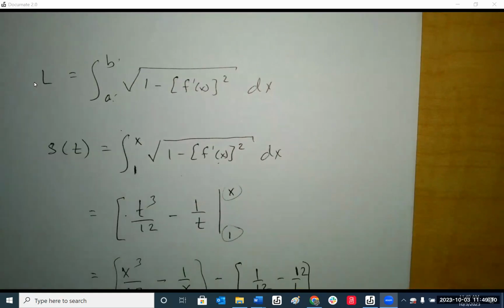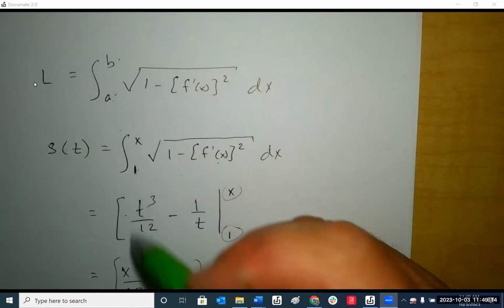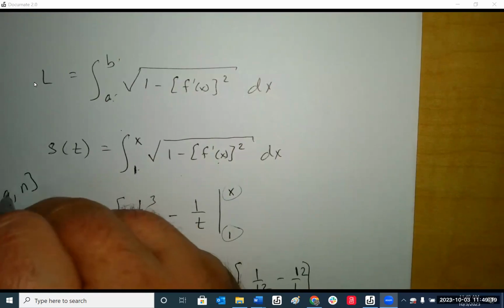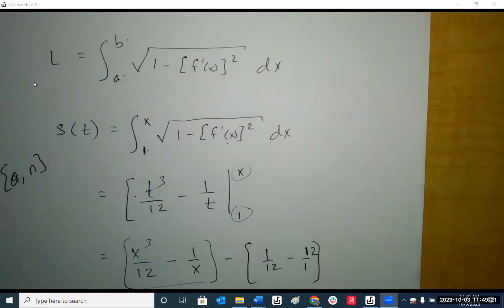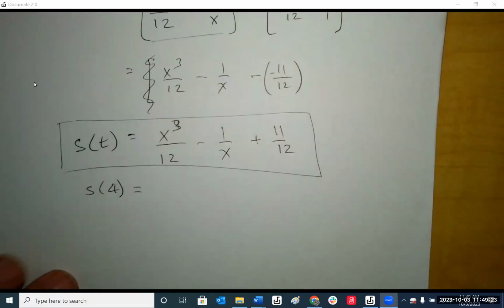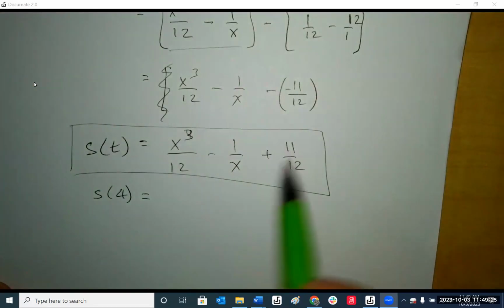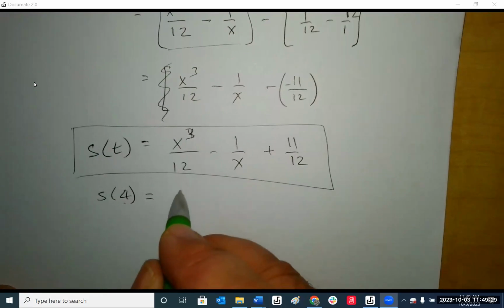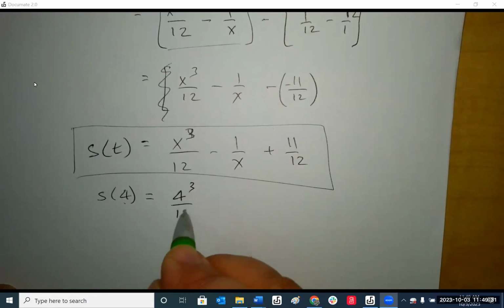You're not limited, because in the earlier examples we had a closed bound. Now we're going from a to whatever x is going to be. Once we finish, all we have to do is plug in our new endpoint.